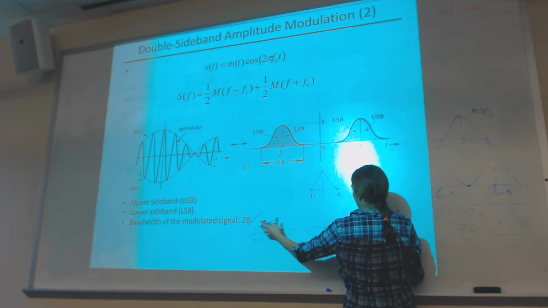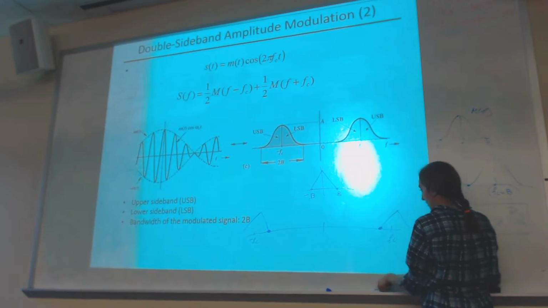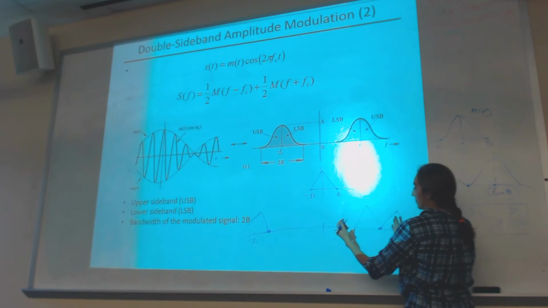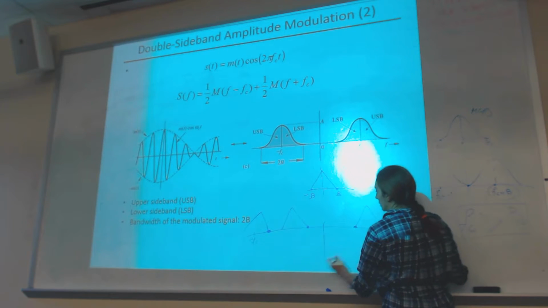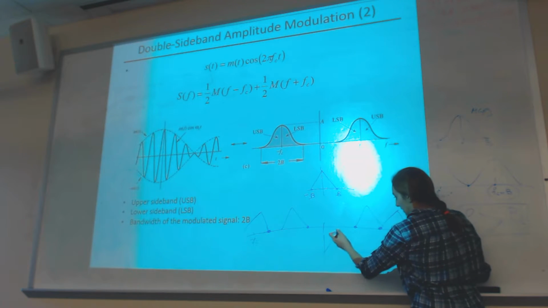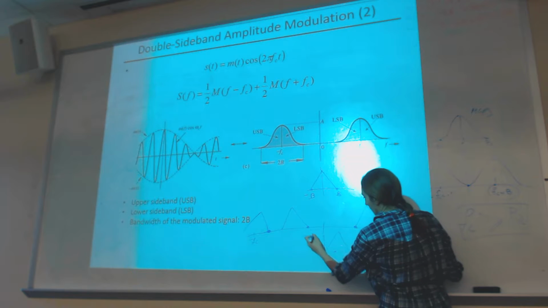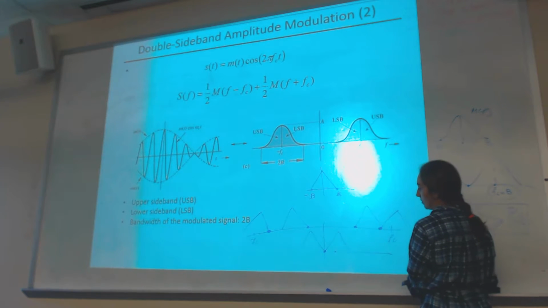However, as I make f_c smaller, this comes to the left and this comes to the right, and the probability of collision becomes larger and larger. So this is the limit, where they just meet each other.